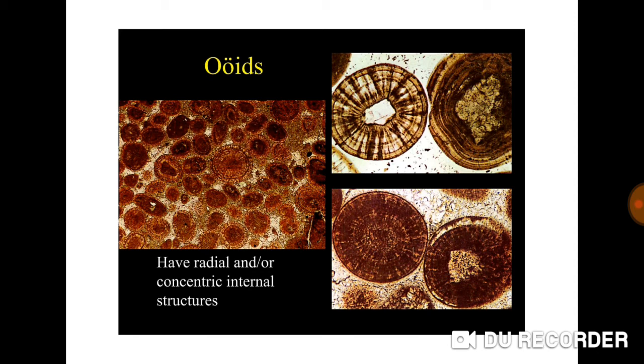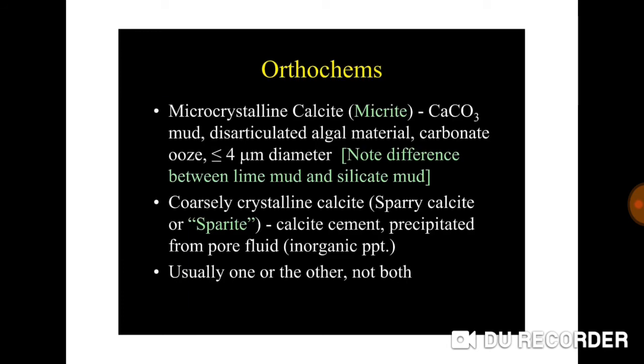The central part of each particle consists of a grain of quartz or other carbonate particle surrounded by thin concentric layers of chemically precipitated calcite, and the layers or coatings are formed in agitated water as the grains roll around.